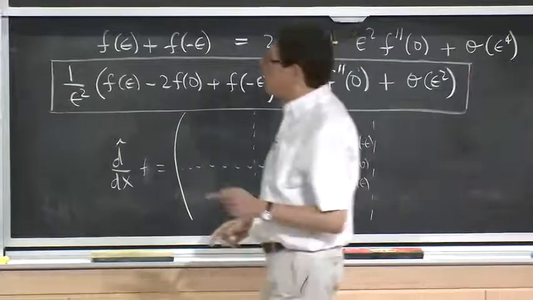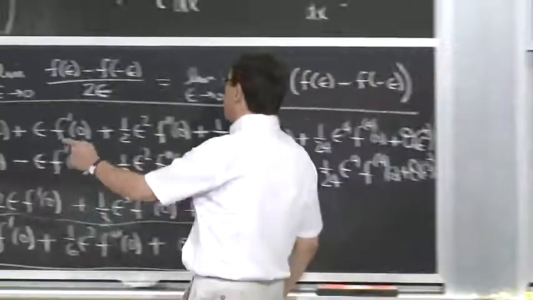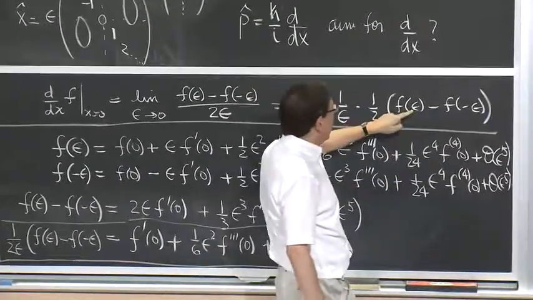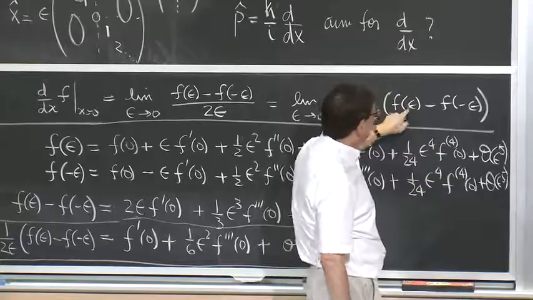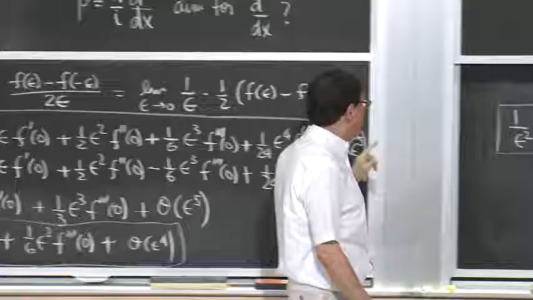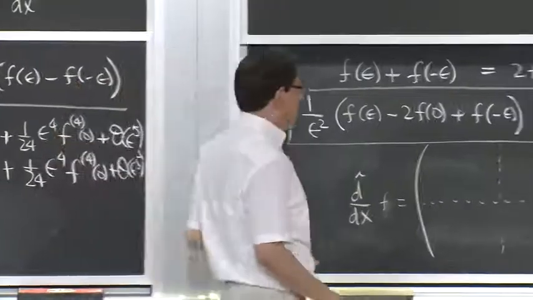What am I supposed to do to get the derivative? I'm supposed to take 1/2 of the value at epsilon and subtract 1/2 of the value at minus epsilon. So I don't do anything with the value of the function at 0.